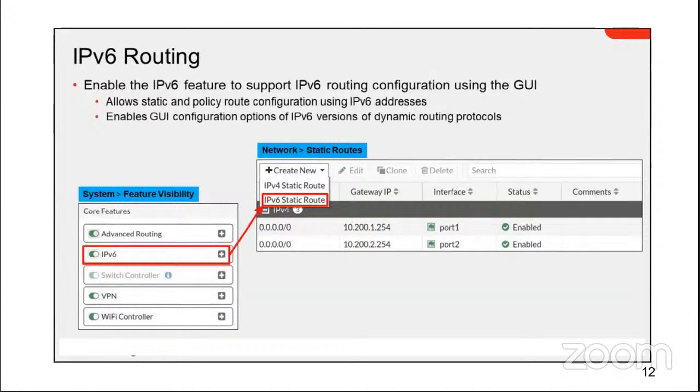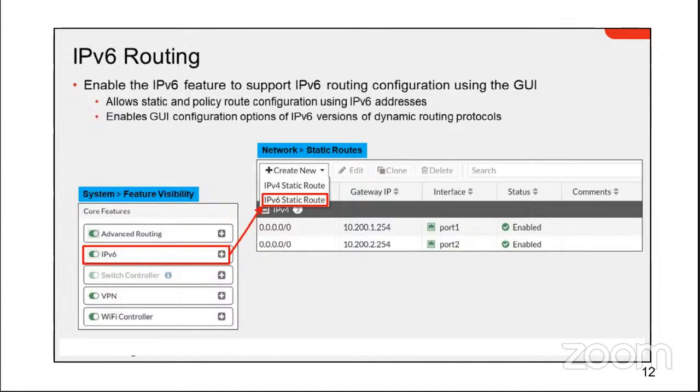Right. Now the IPv6 part. Again, this is by default not visible in the GUI. If you want to make use of IPv6, first you need to go into the system feature visibility, and under feature visibility you can enable that option. Once you have enabled it, whenever you are creating a route, you go into the network section.